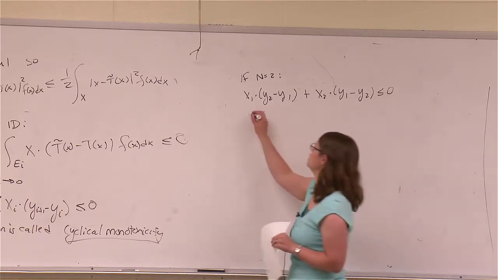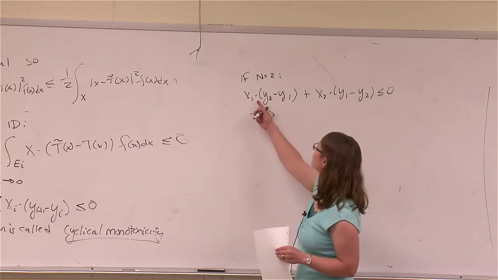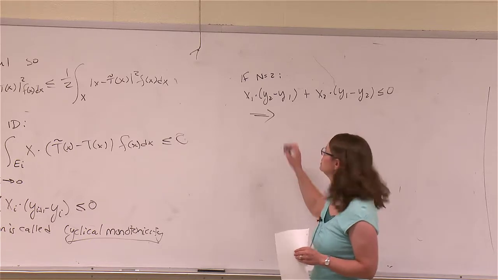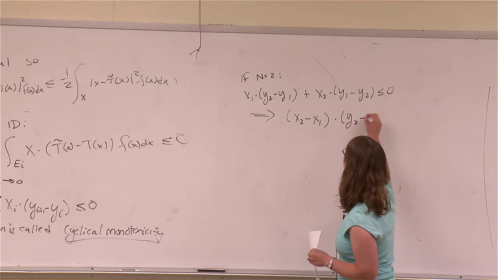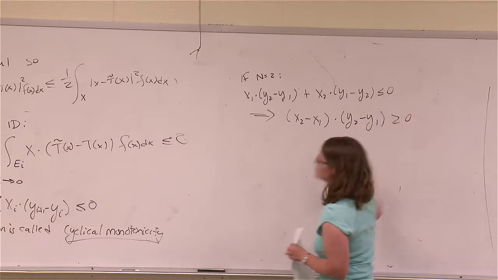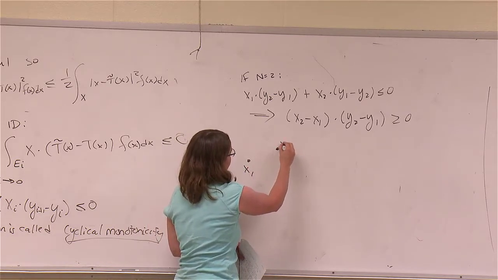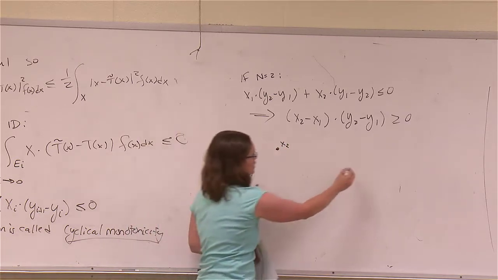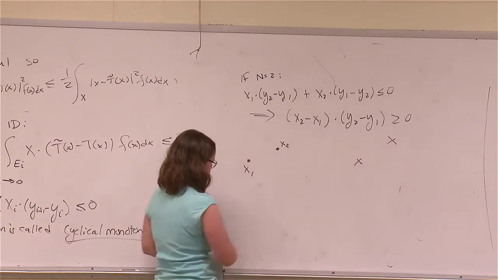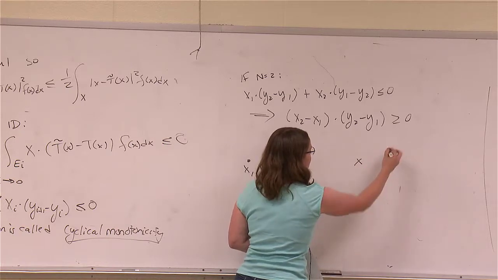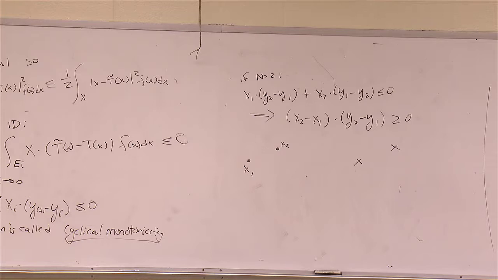Or if I rearrange it, it looks almost exactly like the monotonicity condition I had in 1D, except now this isn't scalar multiplication. So I have x2 minus x1 dotted with y2 minus y1 is bigger than or equal to 0. So, for example, if this was my x1 and this is my x2, and over here were my 2 points that they got mapped to, I know which point is going to go where, right?